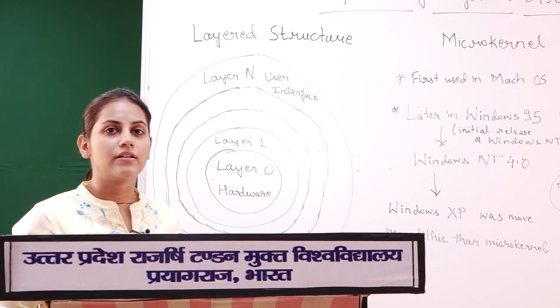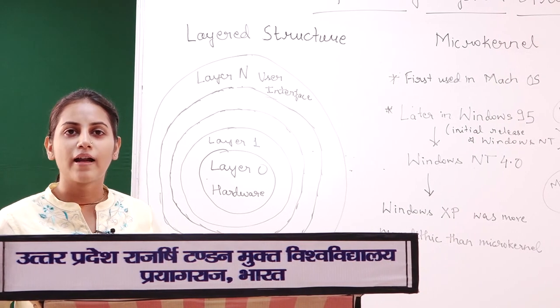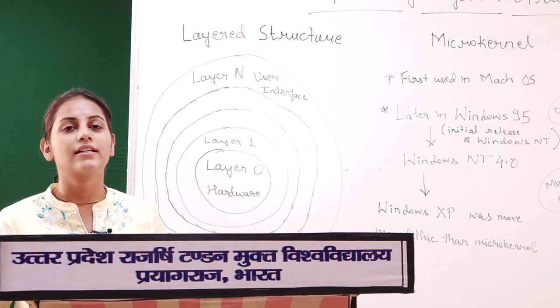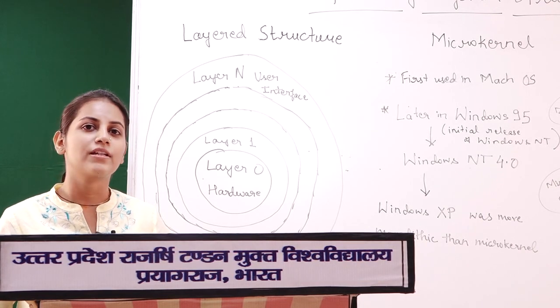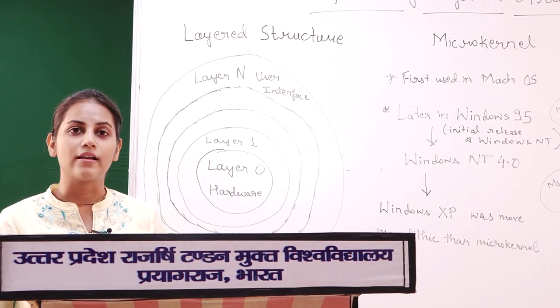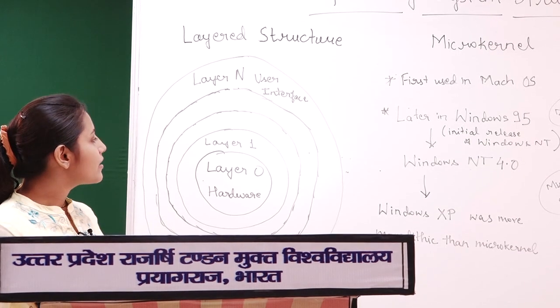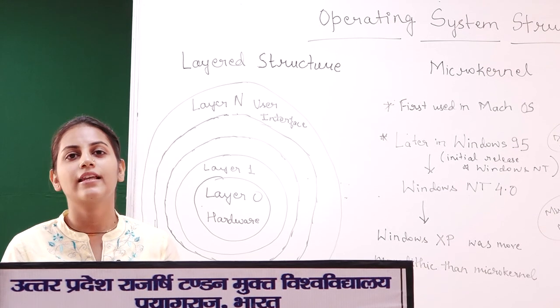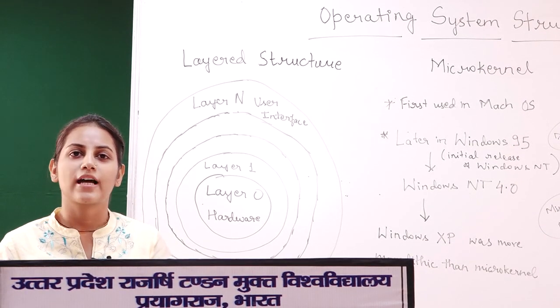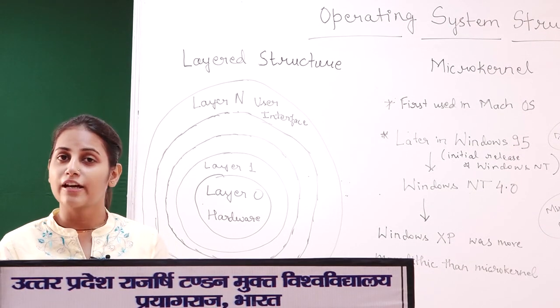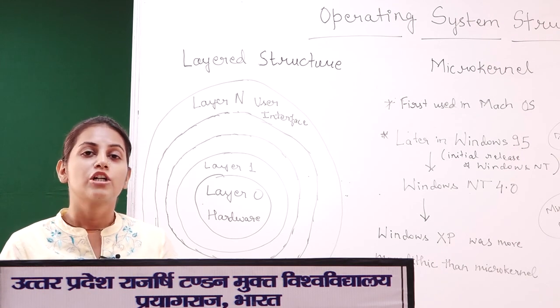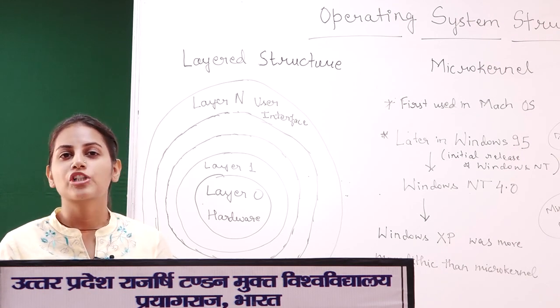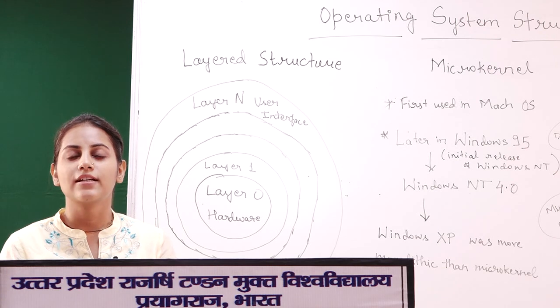However, this structure does not only have advantages, it also has certain disadvantages associated with it. First of all, we know that in the layer structure, we have the requirement of each layer calling just the layer below it and not those which are above it. Therefore, it is very important to describe what are the functionalities that are to be associated with a single layer.